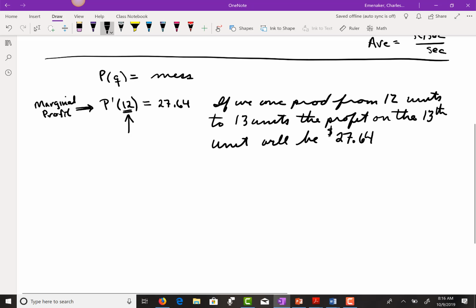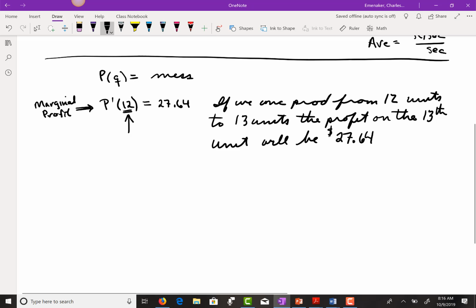Because if we're looking at going to a 13th, where are we now? We're at 12, aren't we? Does that make sense to everybody? So be careful. If you are asked what is the marginal profit to make a 13th unit, you want to plug 12 in. Because are we for sure making the 13th unit? No, we're just looking at it.